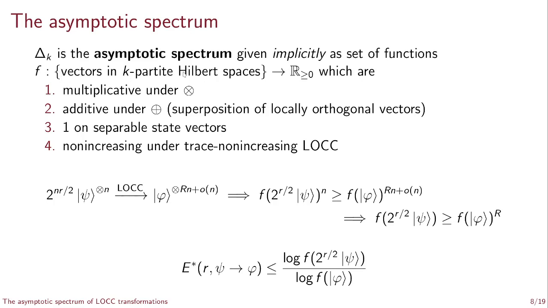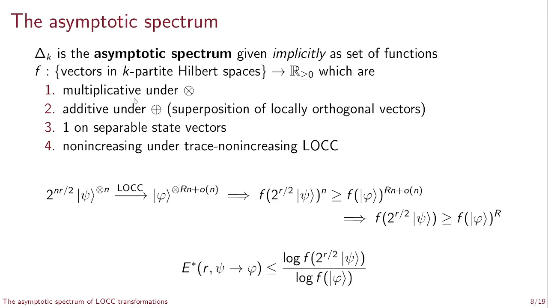So you should think of these as unnormalized state vectors, where the norm is not something that we ignore, but something that we use for bookkeeping of the success probabilities. So from these vectors to the non-negative real numbers that satisfy the following axioms.